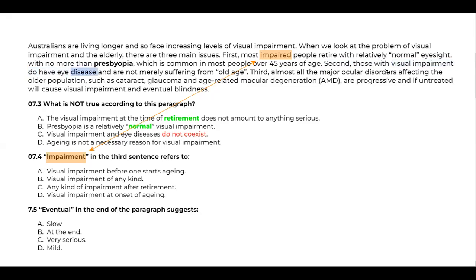That means if I have eye disease, I can have a visual impairment also. So visual impairment and eye disease can coexist. That does not mean that anybody who is having eye disease is having visual impairment. No, but it says that they both can exist at the same time. So visual impairment and eye disease do not coexist is a totally incorrect statement. So that can be the correct answer.